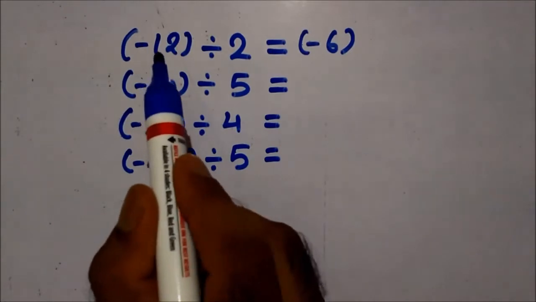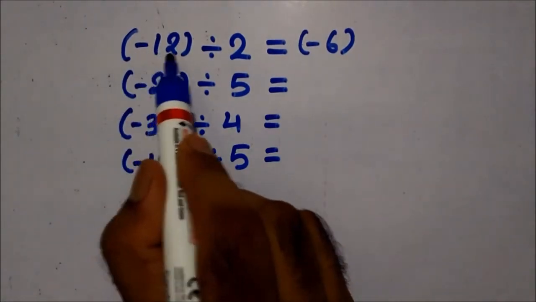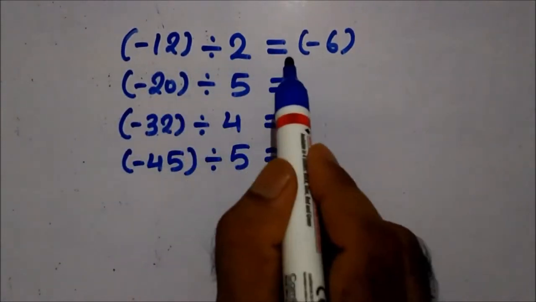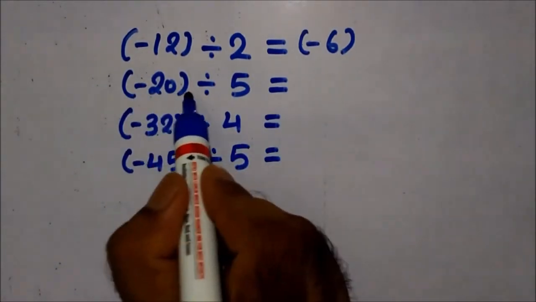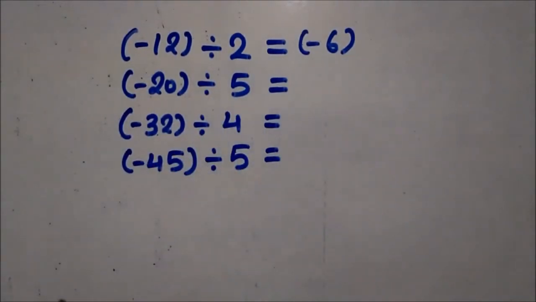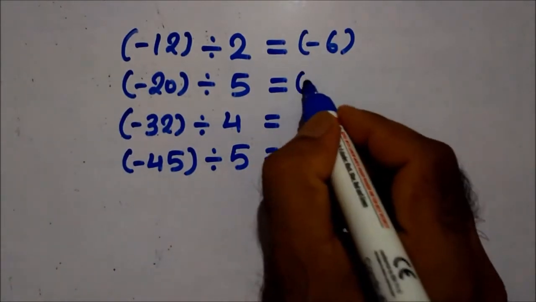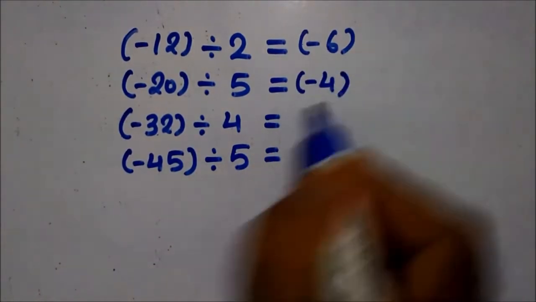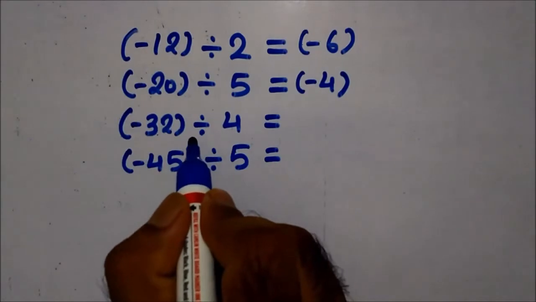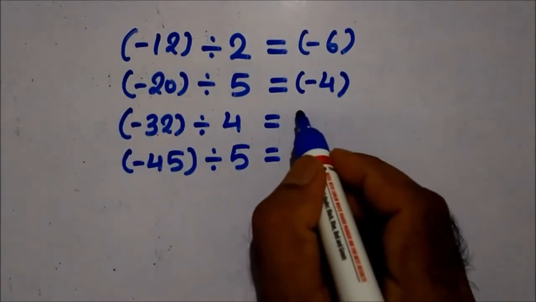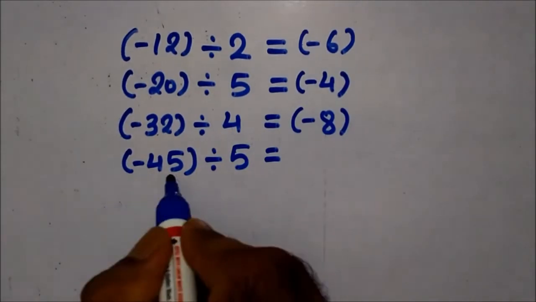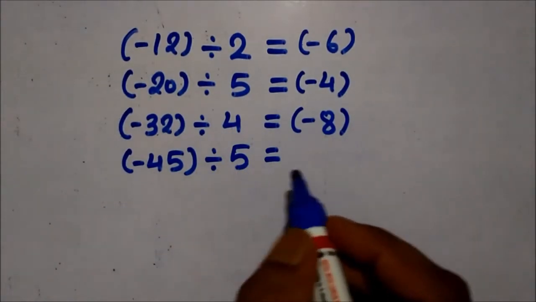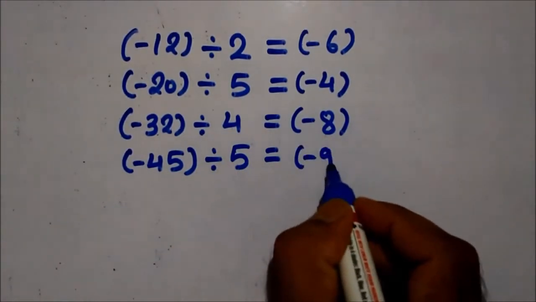Students, observe these divisions. -12 divided by 2, we will get -6. Same way, -20 divided by 5, yes, it is -4. -32 divided by 4, -8. -45 divided by 5, -9.